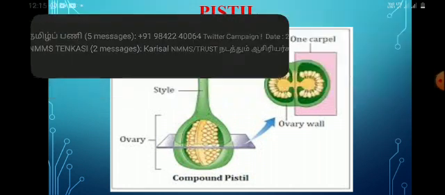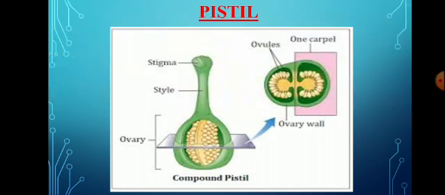It consists of a stigma, style and also ovary. The pistil has three parts. Stamen has two parts, anther and filament. The pistil has three parts, stigma, style and also ovary.